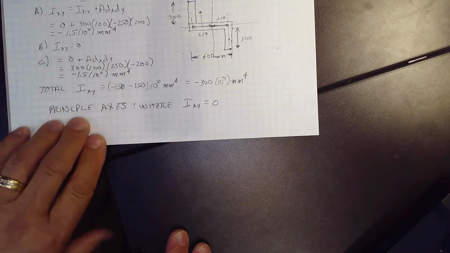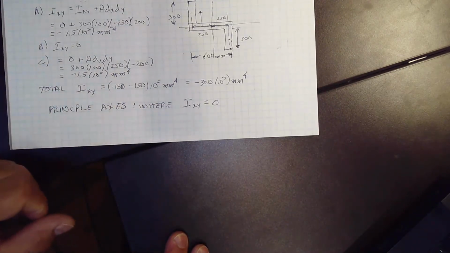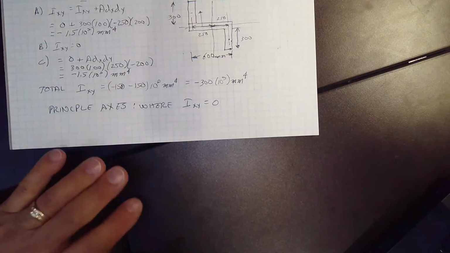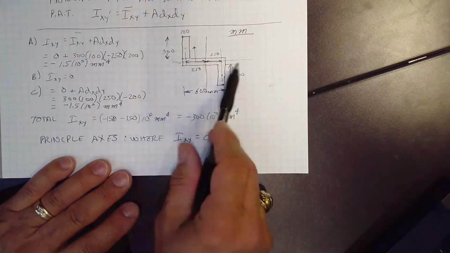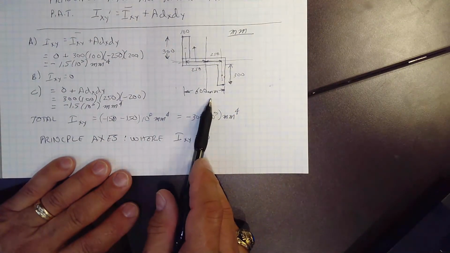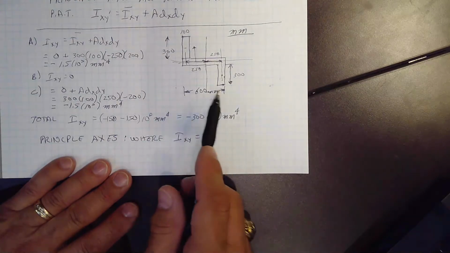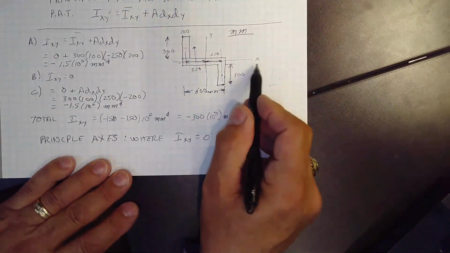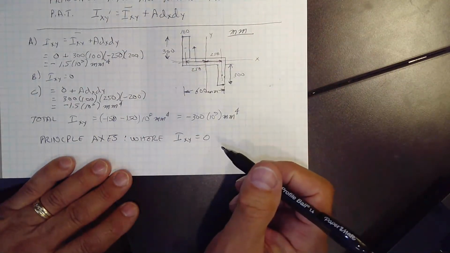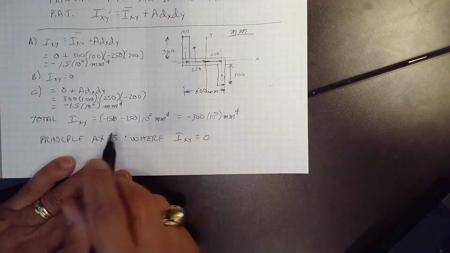By the way, this all comes into play when we start doing bending. What does that really mean? It means if I put this in bending, it's not going to want to bend about these axes. It's going to want to bend about the principal axes. So you're going to get secondary bending, even if this is x and y, right? If I put Mx on here, I'm going to generate My. It wants to move to be on the principal axes.